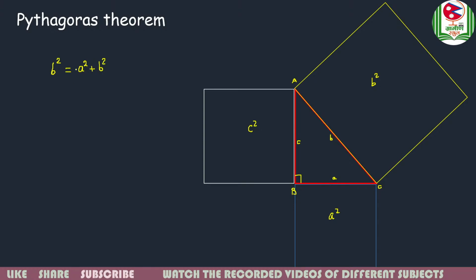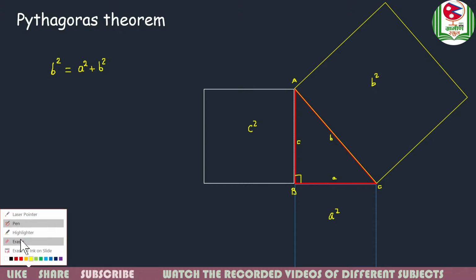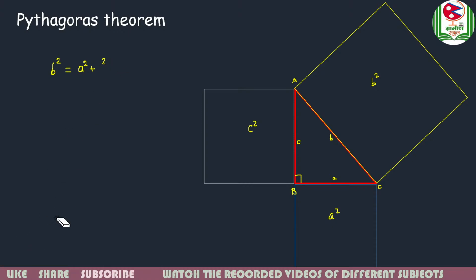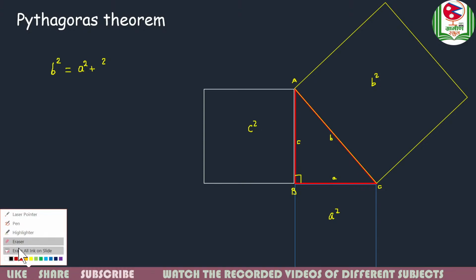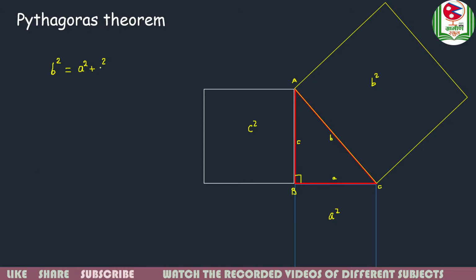So here b square is going to be a square plus c square. Okay, so this is the statement of Pythagoras theorem, and with the help of this mathematical relation, we are going to develop different formulas. Okay, so let's move ahead.